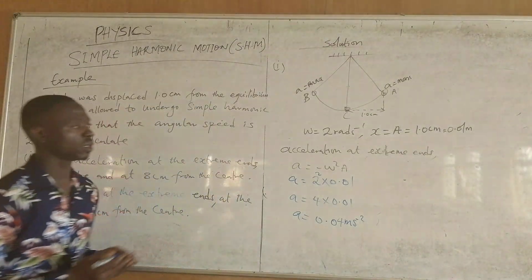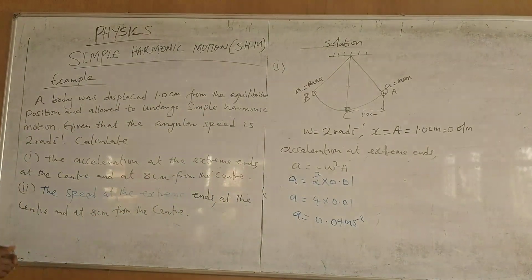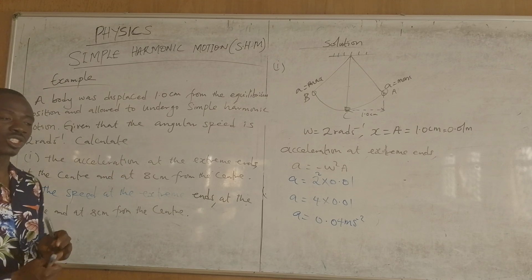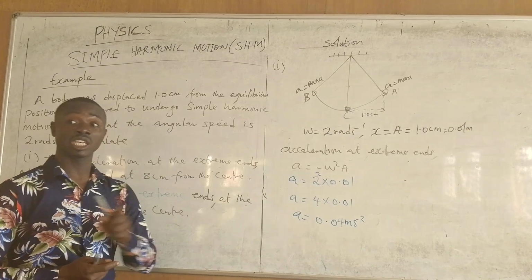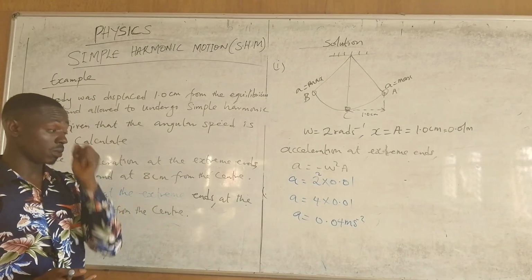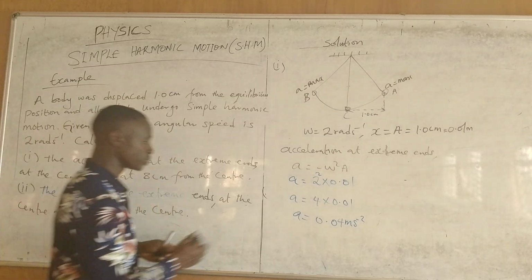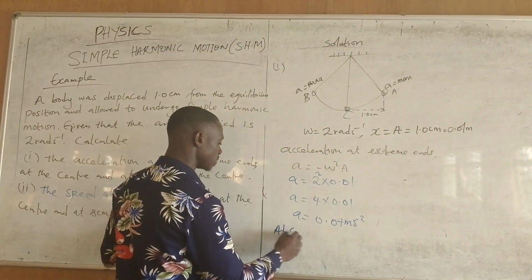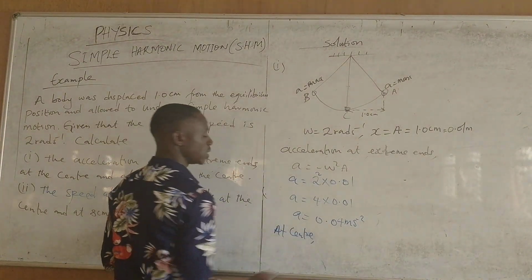Okay. Now, acceleration at the center. You should have even memorized that conversion I gave to you. That acceleration at center is what? 0. But without even telling us that it is 0, without memorizing, if you use the formula at center, what's our displacement?